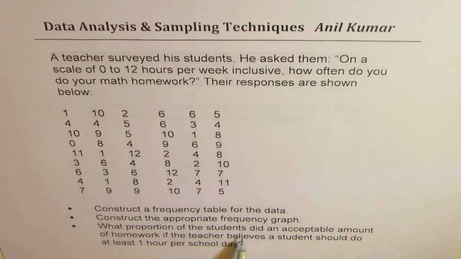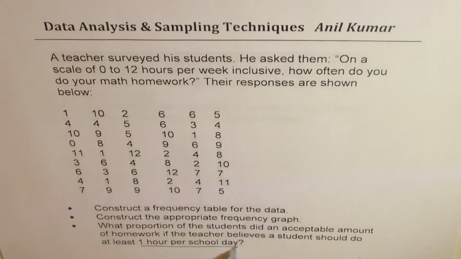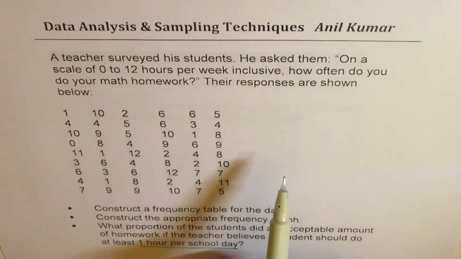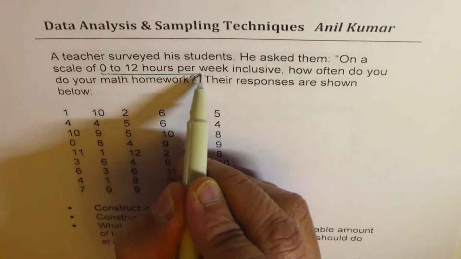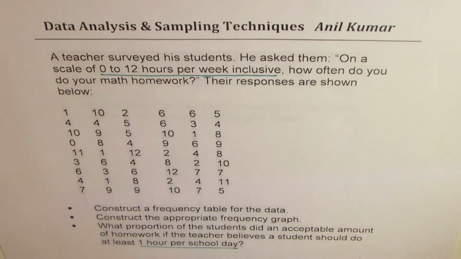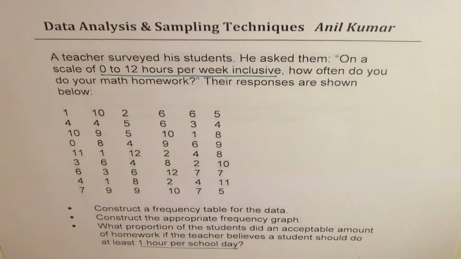What proportion of students did an acceptable amount of homework if the teacher believes a student should do at least 1 hour per school day, right? This is 1 hour per school day, and the data is for 0 to 12 hours per week, correct? So that is the question for you. You can pause the video, copy the data, analyze, and then look into my solution.